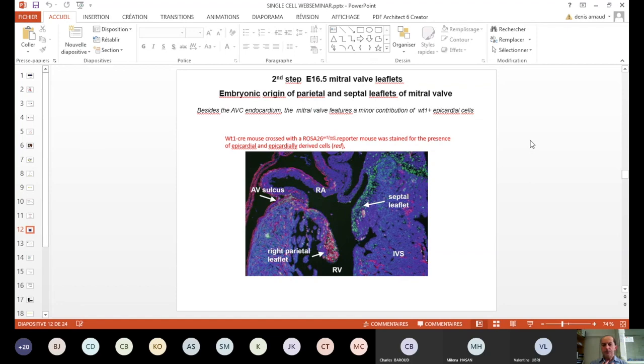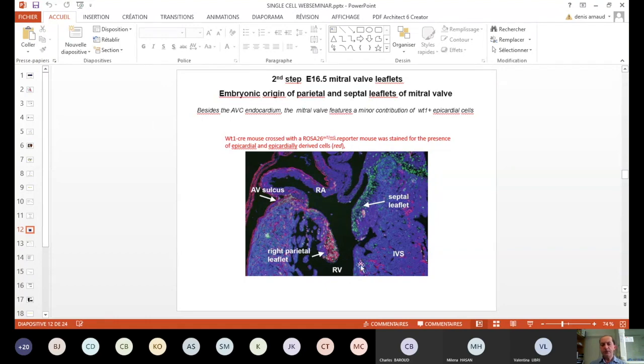So this is what you can see here from genetic lineage tracing that people did with a WT1-Cre mouse, WT1 being a typical epicardial marker, crossed with a reporter mouse, and we repeated this experiment in the lab. So this is definitively admitted now.